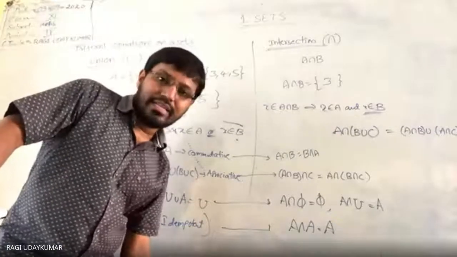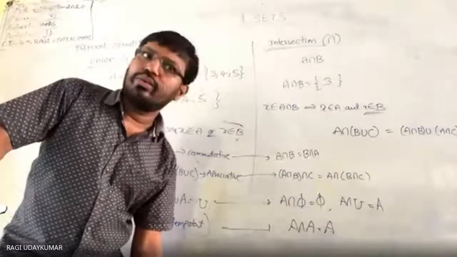We call it intersection distributing over union.